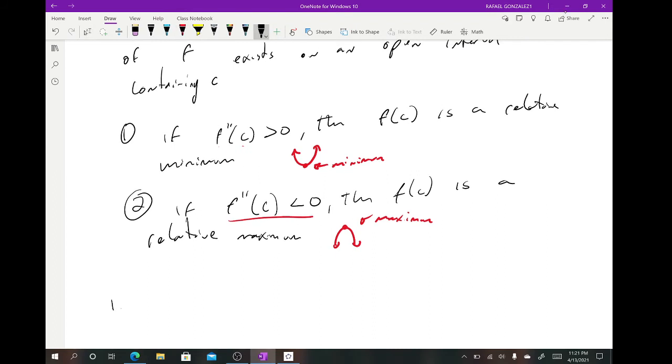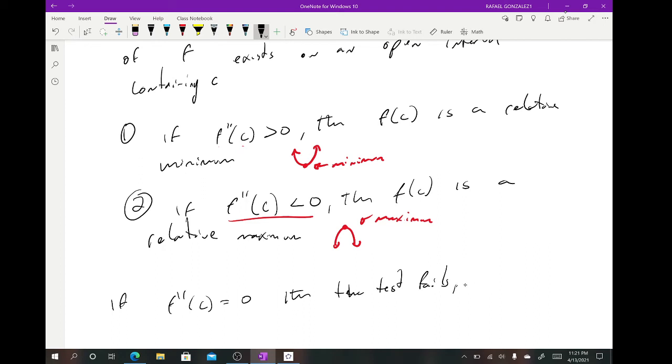Finally, if the second derivative at c is equal to 0, then the test fails. When you plug c into the second derivative and get 0, f may have a relative max or a min, or neither.